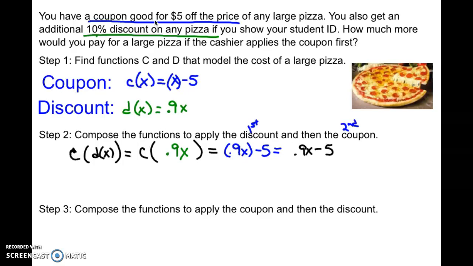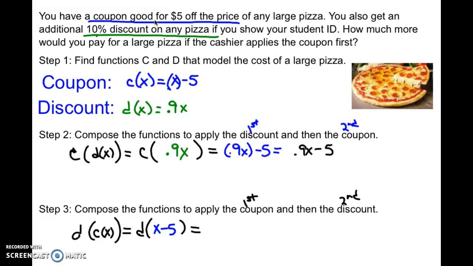Part 3 says, compose a function to apply the coupon first and then the discount. So we want the coupon first, so that's going to go inside C of X, and the discount last, so D is going to go outside. So this gives us D of, and then plug in for C, which is X minus 5.